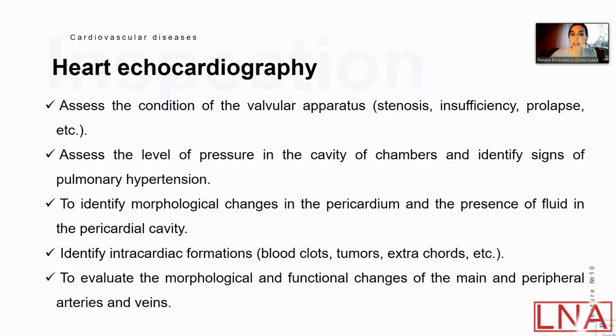Next possibility, we can identify morphological changes in the pericardium and the presence of fluid in the pericardial cavity. We discussed with you also, during auscultation, that we can determine pleuropericardial noise, and during echocardiography we can determine the reason for the development of this noise: the presence of fluid in the pericardial cavity and damage in the structure of the pericardium.